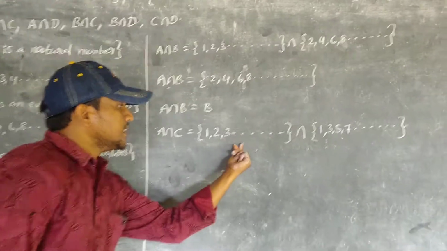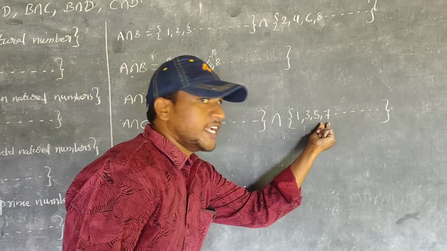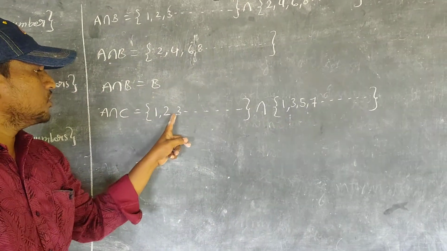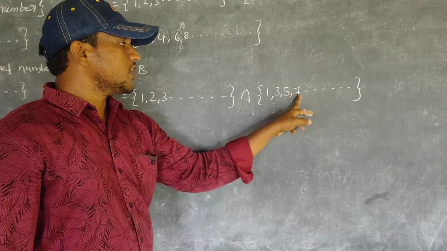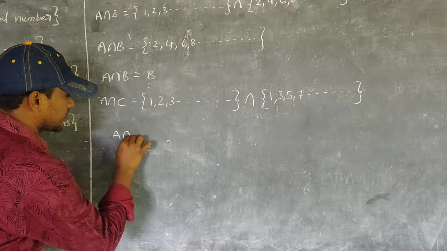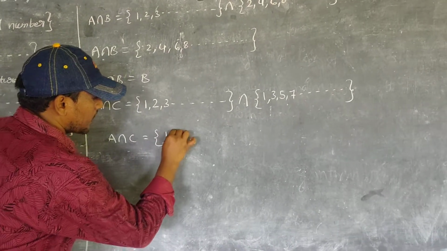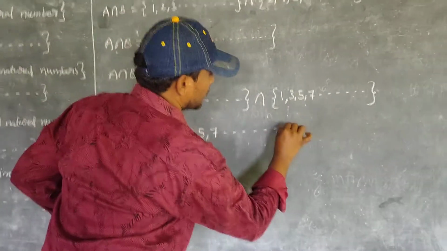Only the odd natural numbers are common. A intersection C is equal to 1, 3, 5, 7 and so on.